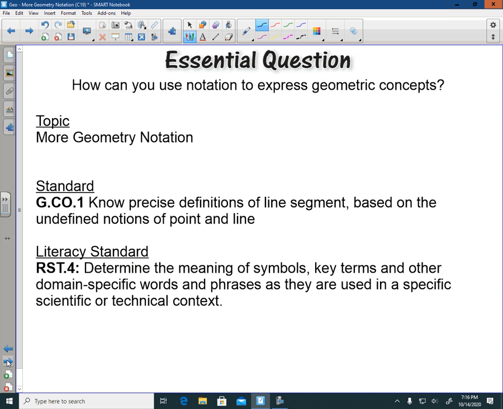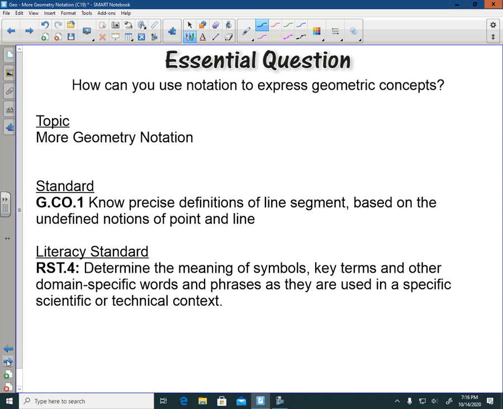Okay, so here is your essential question of the day. How can you use notation to express geometric concepts? And your topic is more geometry notation. What you want to have now in front of you is a blank sheet in your notebook. You're going to be writing that topic, more geometry notation at the top. And then right underneath it, you're going to write the essential question.